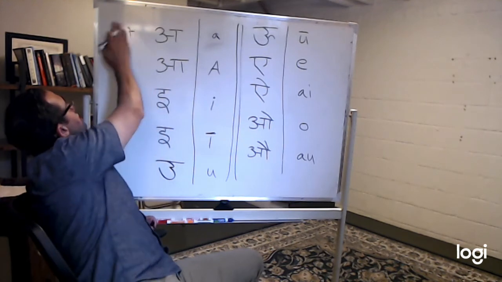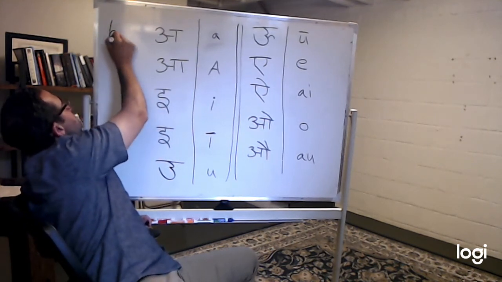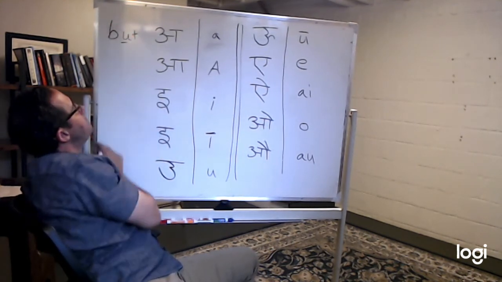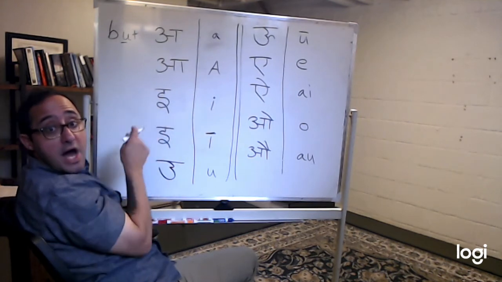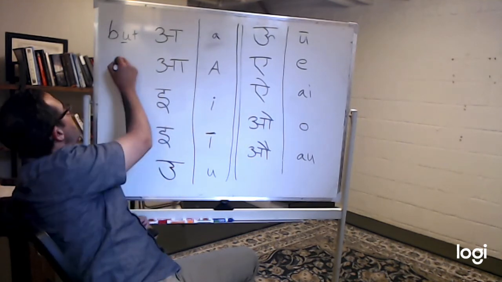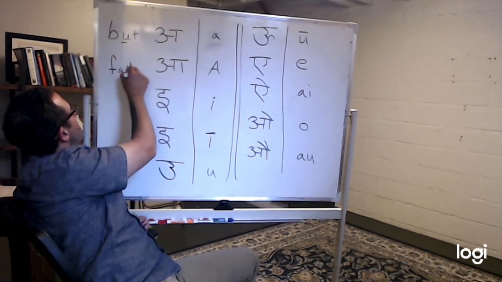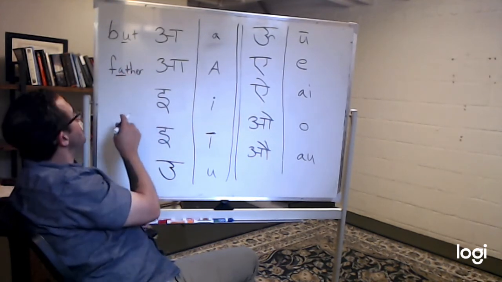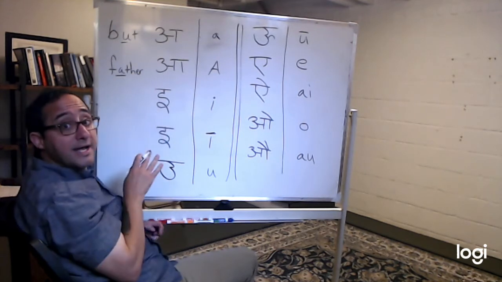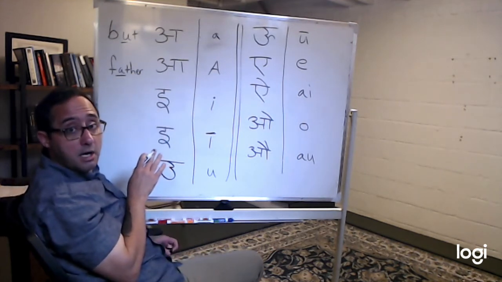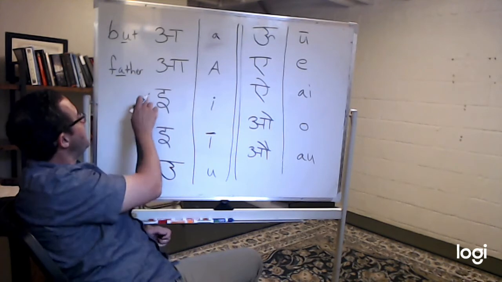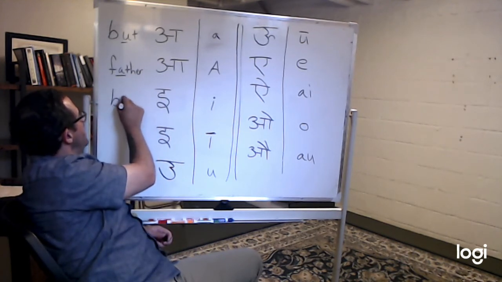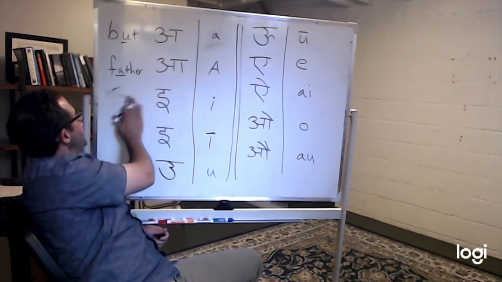The next is like father, not like call. The i is like bit, or his. Let's do his.